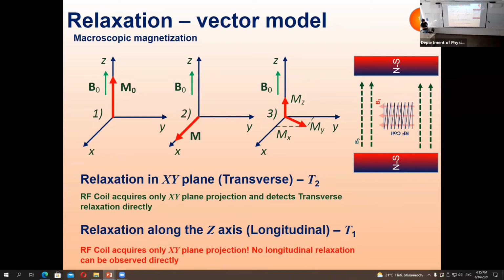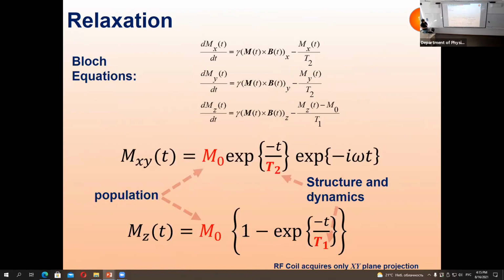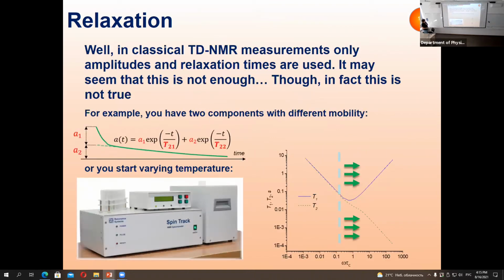So these are already two numbers that you get from NMR relaxation. The behavior of the magnetization can be described with quite simple vector equations. And as a result, you normally see an exponential decay if you have a quite simple sample structure: exponential decay for T2, spin-spin, and exponential decay for T1.